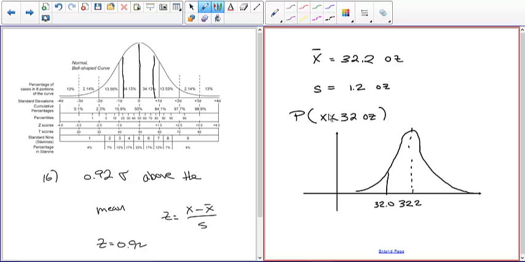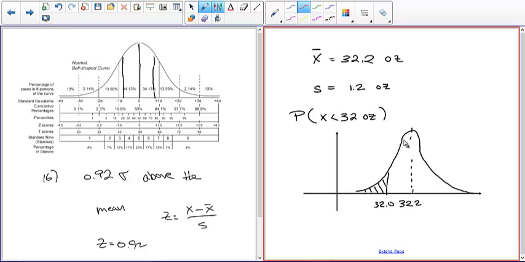And so the question is, what is the probability that the value is going to be less than 32? Well, less than is going to be to the left. So what we have to think about is, how do we find that area? Because the curves that we have been using, that I handed out the other day, relate to the mean.